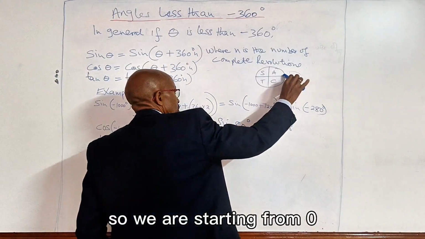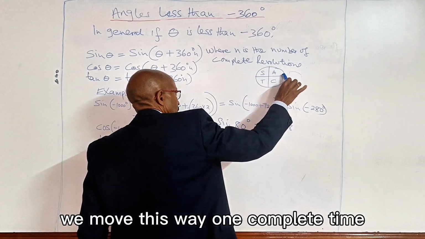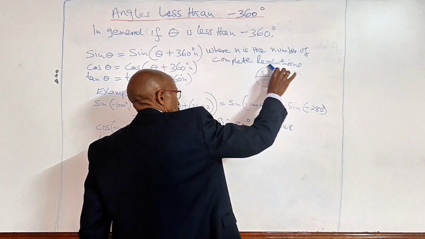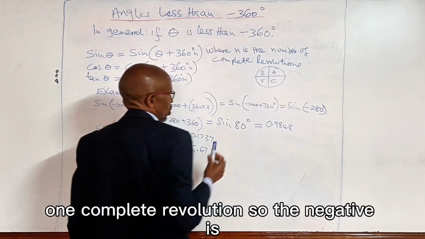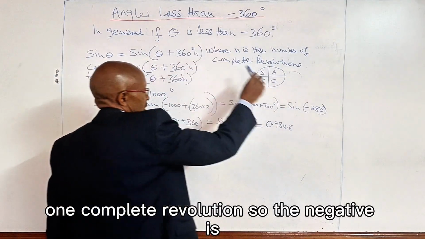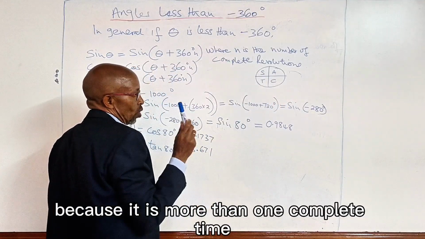So we are starting from 0, we move this way, one complete turn, one complete revolution. So the angle is less than negative 360 because it is more than one complete turn.